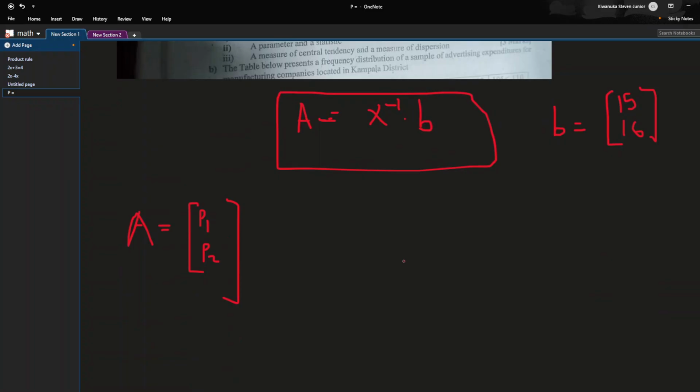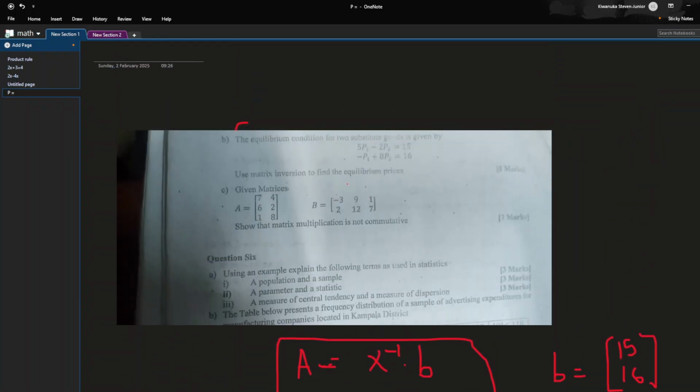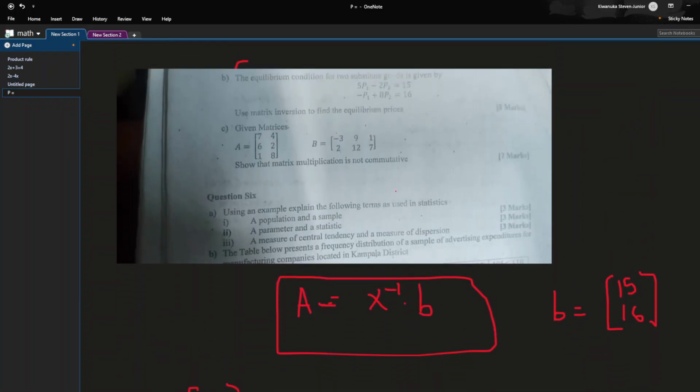Now we start solving. We have to find the inverse of this. One thing you should note is that the equation should match the order P1, P2, and mind the negatives. Now you see this is negative P1, which means there is a silent negative 1 here.